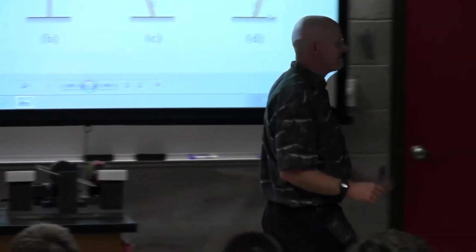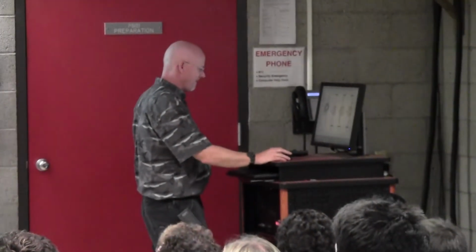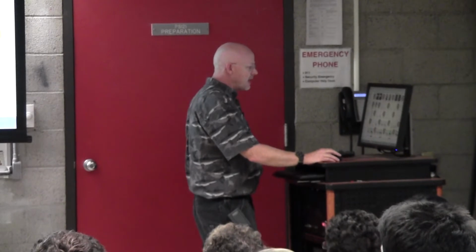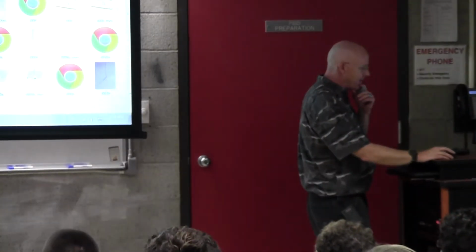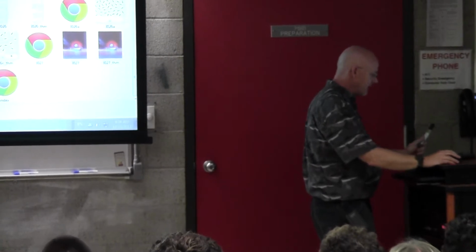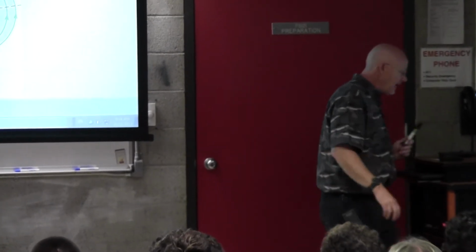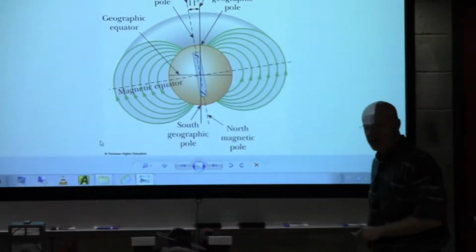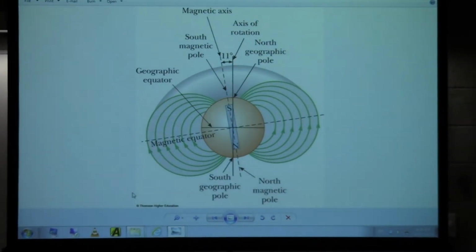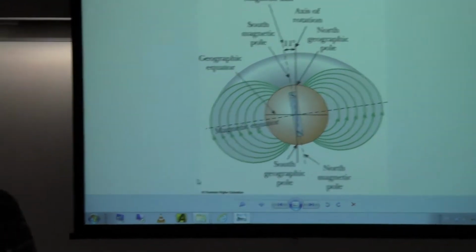But now your author takes a little more time in chapter 30 to talk about this. But I think it's worth mentioning it now. Is there a magnetic field on this desk? Yes, there is. The Earth makes a magnetic field.